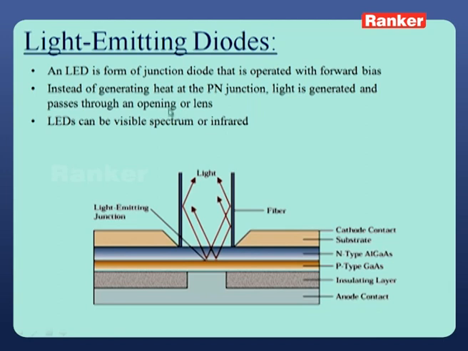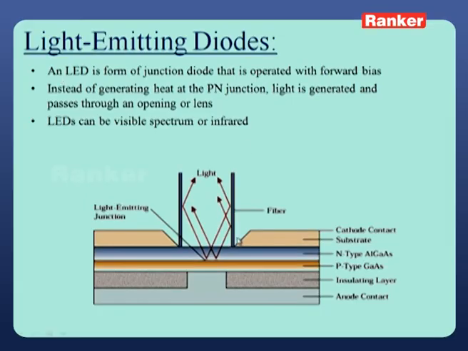Light emitting diodes. So what is a light emitting diode? In a normal PN junction diode, whenever we increase the potential, you can observe some heat being generated from the diode. After that it may burn, right? But in an LED, instead of generating heat, it will generate photons. Photons are nothing but light particles.